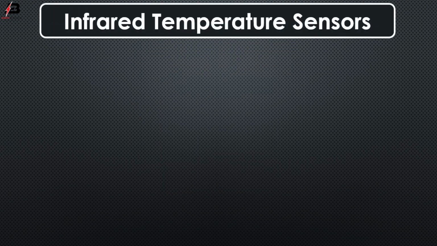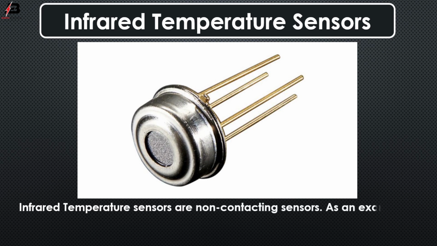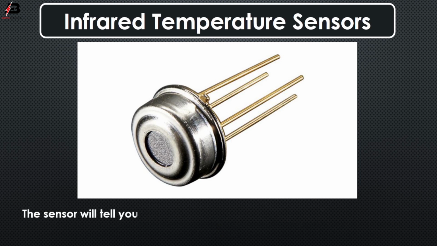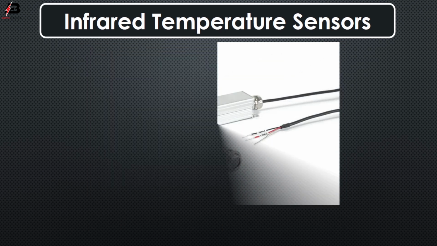Infrared temperature sensor. Infrared temperature sensors are non-contacting sensors. As an example, if you hold up a typical infrared sensor to the front of your desk without contact, the sensor will tell you the temperature of the desk by virtue of its radiation, probably 68 degrees Fahrenheit at normal room temperature.